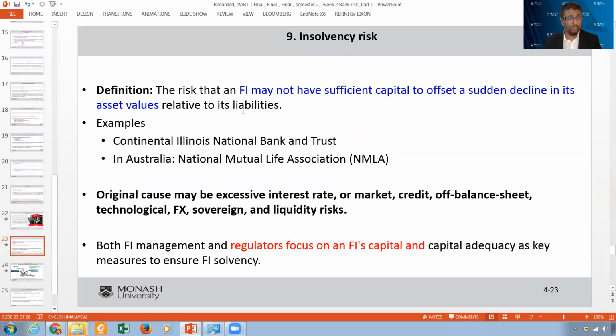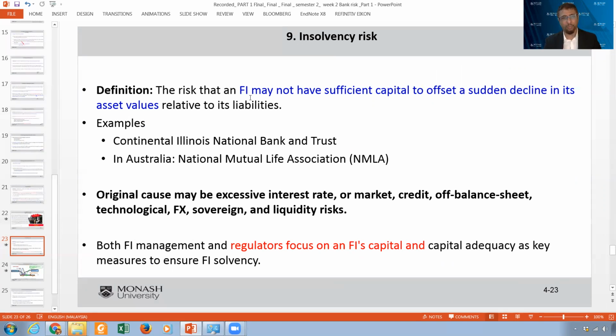Insolvency risk is actually the capital risk. And what do we mean by the capital risk? Please understand that all banks, and this is a very important issue for the regulators, when they talk about tier 1 capital or total capital or tier 2 capital, and we will talk about those later on, have to have enough capital to buffer losses from operation risk, credit risk, market risk, liquidity risk, off-balance sheet risk and all those types of risks.